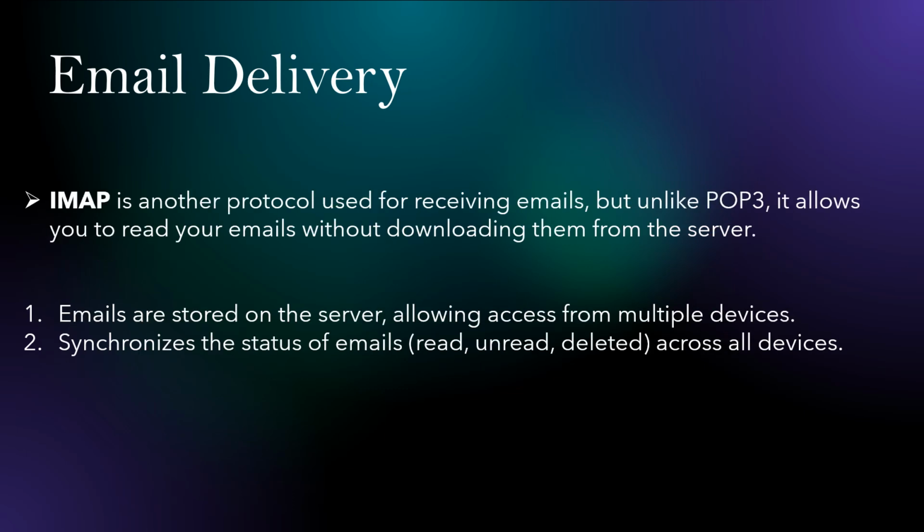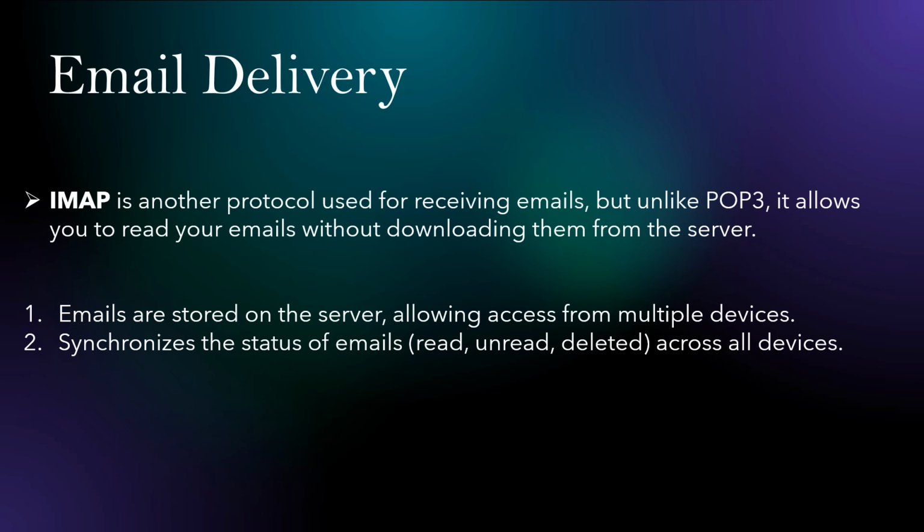The third part of the email delivery is the IMAP protocol. It is another protocol which is also used to receive your email from the sender's end, and it allows you to read your email without downloading it from the server. It means that you can access your email from multiple devices, but in the case of POP3 you cannot access the email from multiple devices.